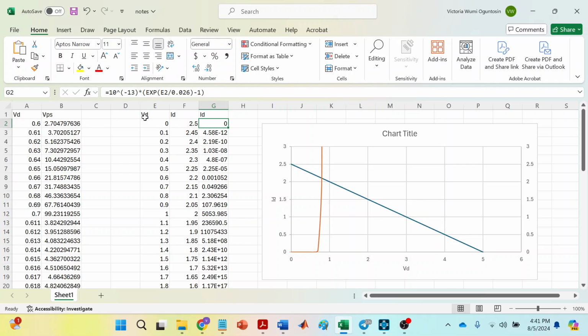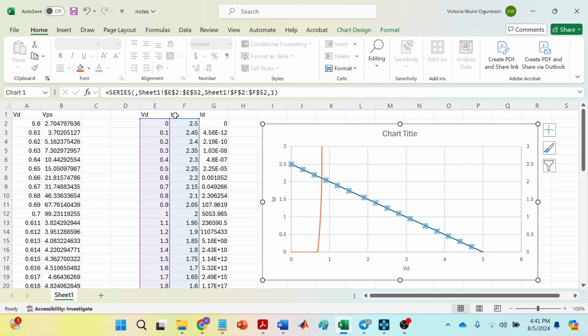Using these different values, sweeping VD from 0 to 5 volts, I arrive at this. Then I plotted ID versus VD for this curve. So this curve here is the ID versus VD, and this curve here is the ID versus VD for both equations.